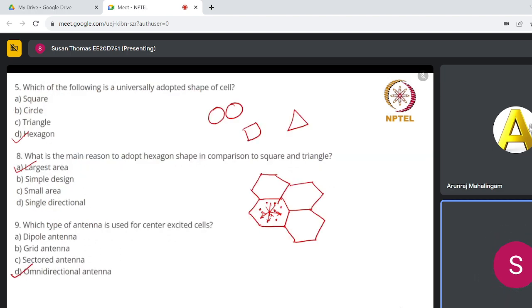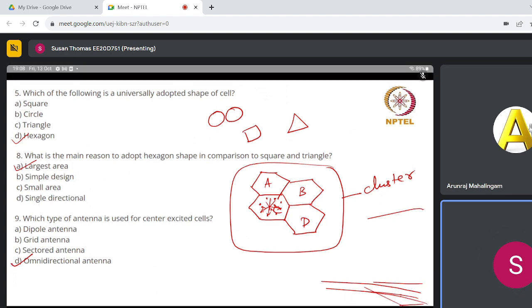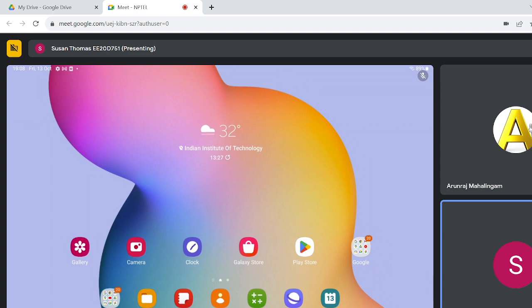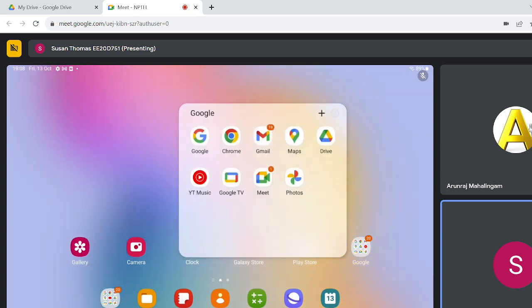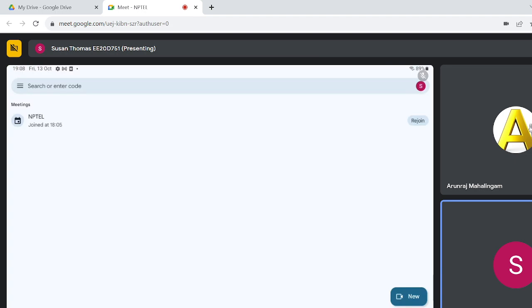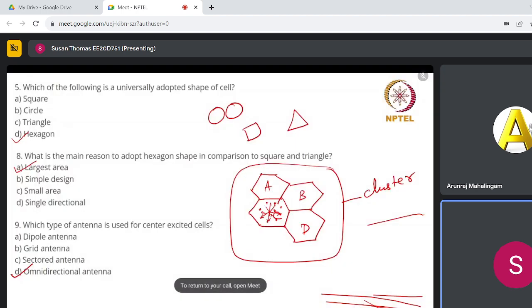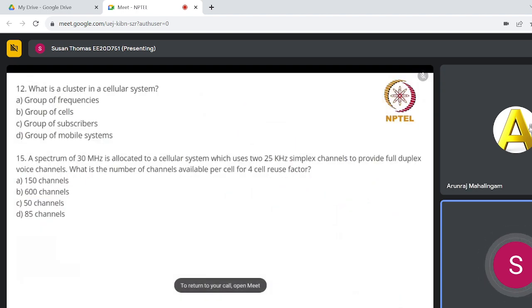So when we say multiple, this is cell A, cell B, cell C, cell D. So the whole thing is called a cluster. A cluster is a group of cells.